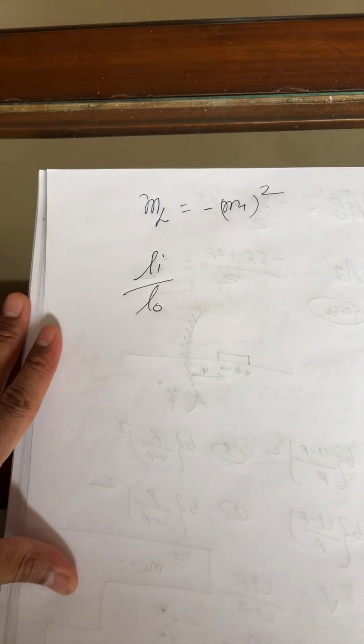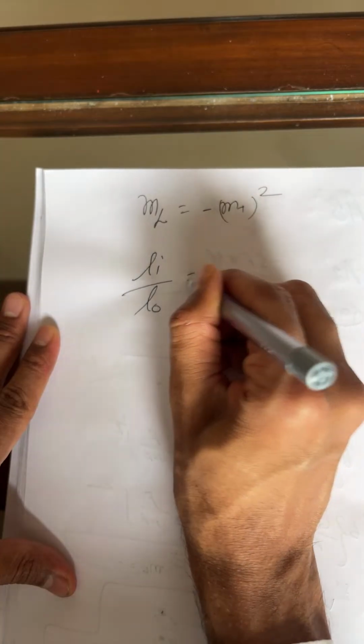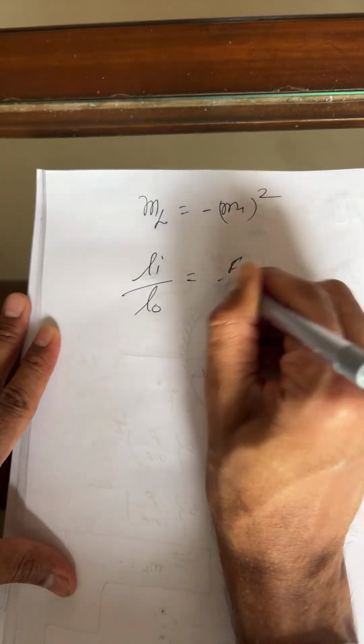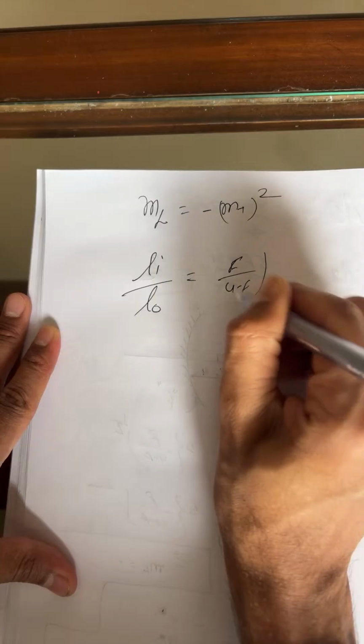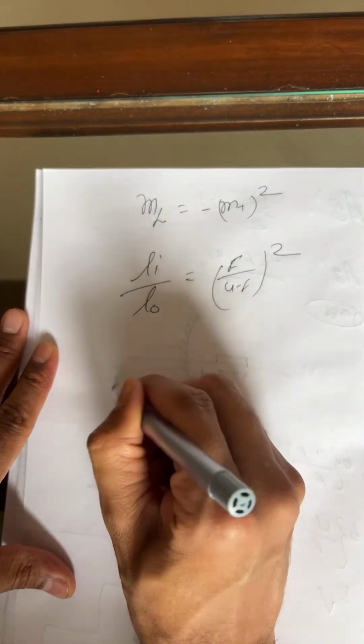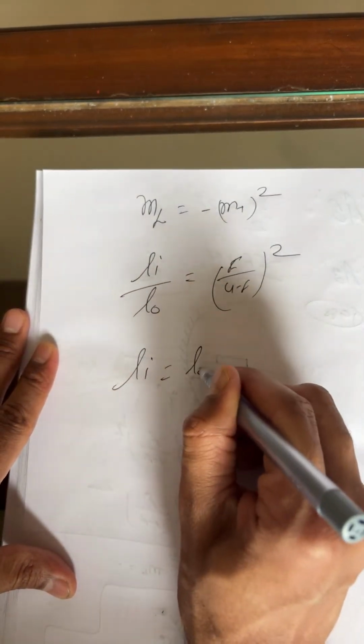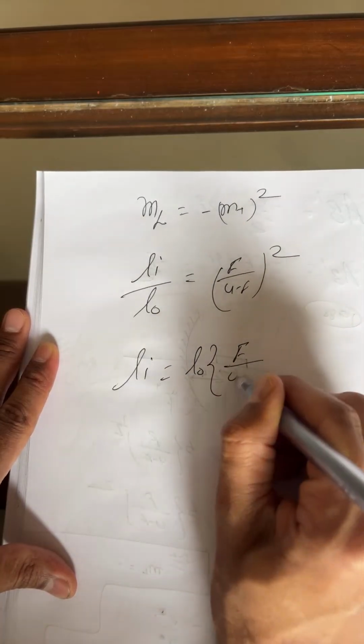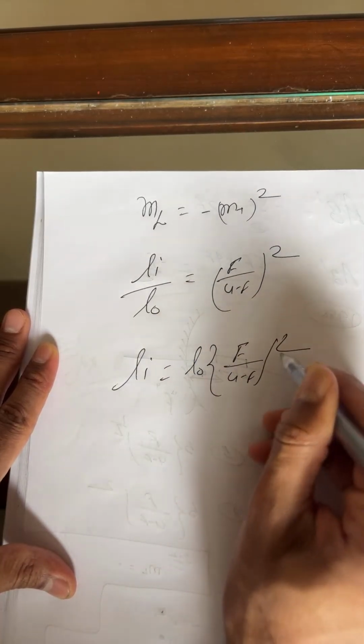Length of image upon length of object, this is already found here. How much? F upon U minus F, the whole square. So length of image we can write as length of object into F upon U minus F whole square.